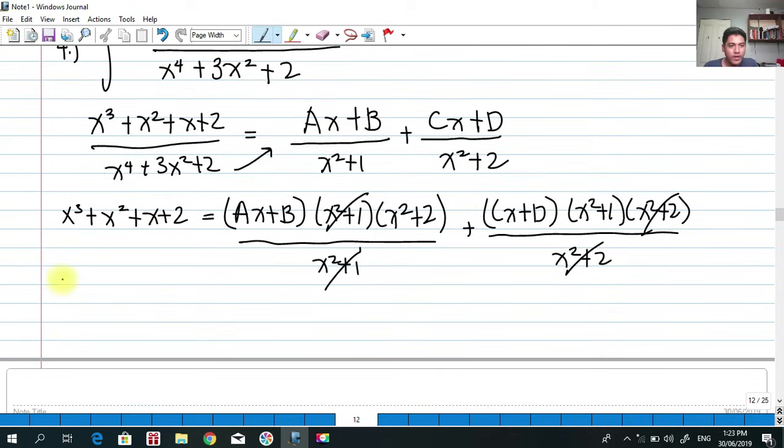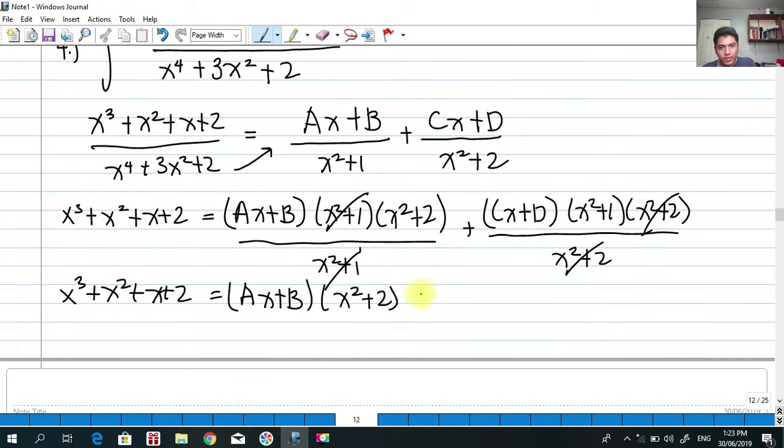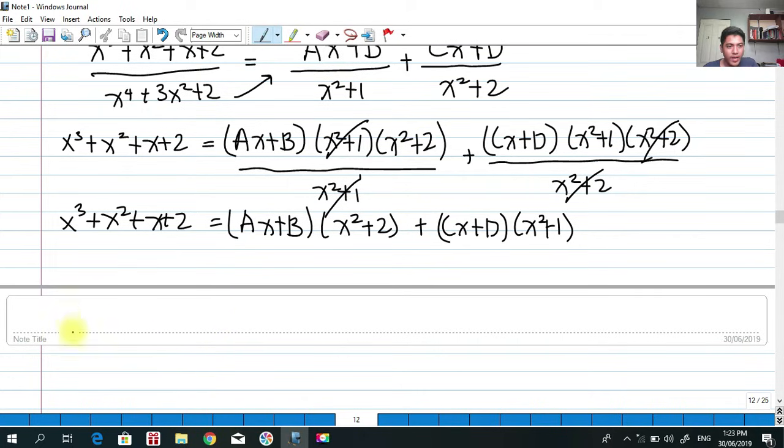So we are left with x cubed plus x squared plus x plus 2 equals Ax plus B multiplied by x squared plus 2, plus Cx plus D multiplied by x squared plus 1. Let's perform the FOIL method in order to simplify this.